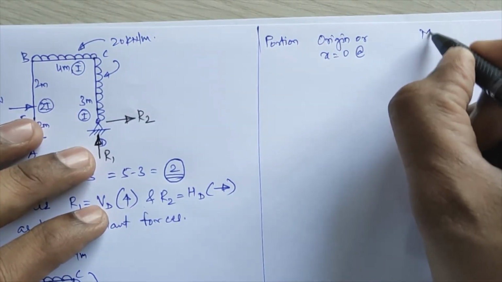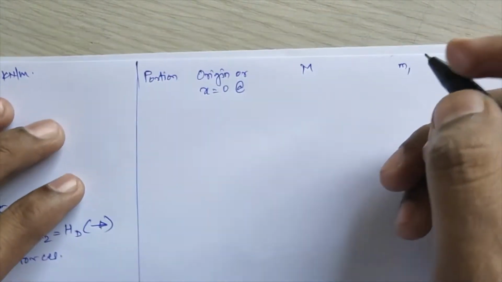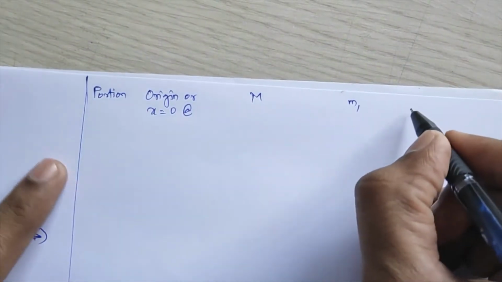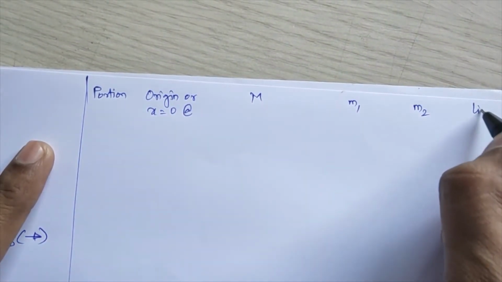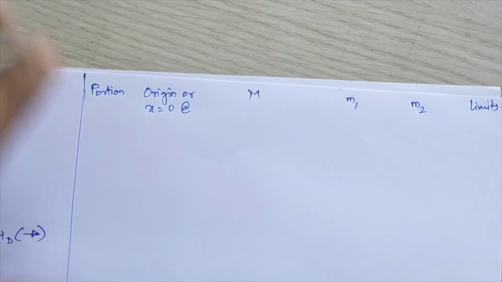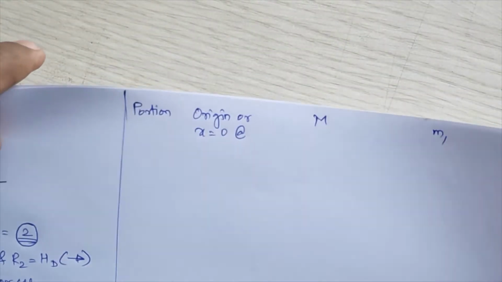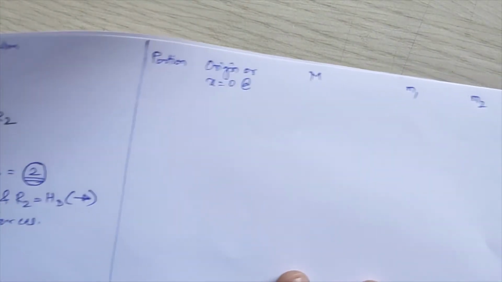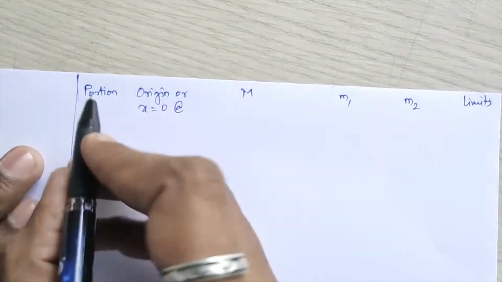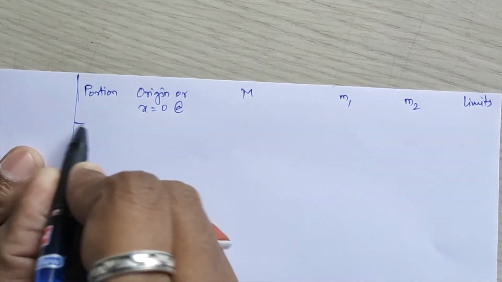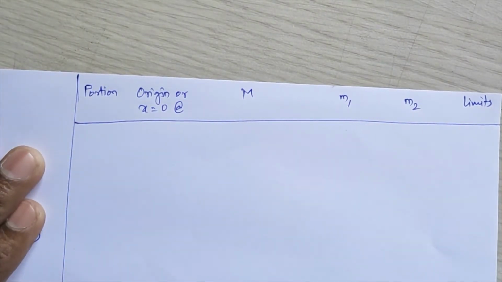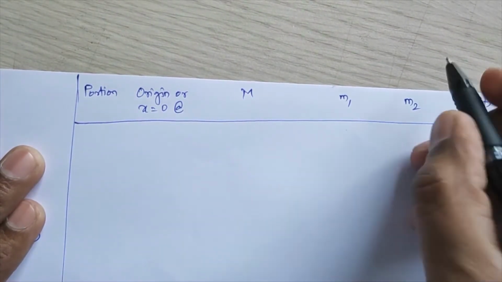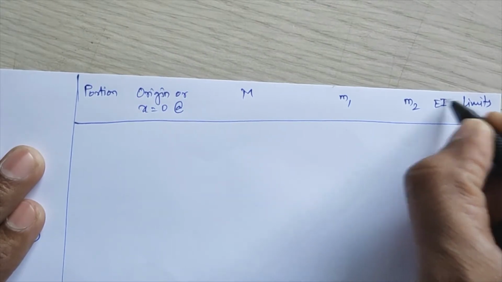Next is capital M, small m1, next is small m2, and last is the limits of integration. Here the EI values are varying, which we'll consider directly in the numerical. Instead of considering those in the table, you can consider them here also, no problem. Here I'll write one more column, that is EI.